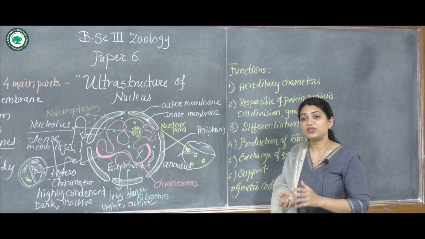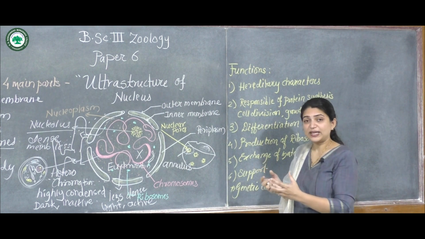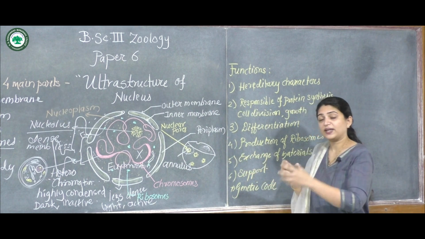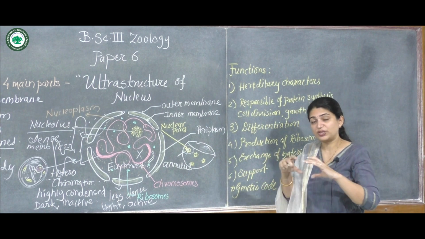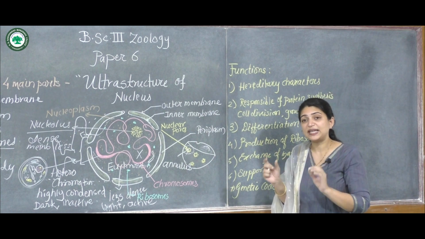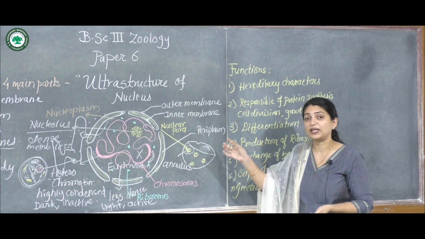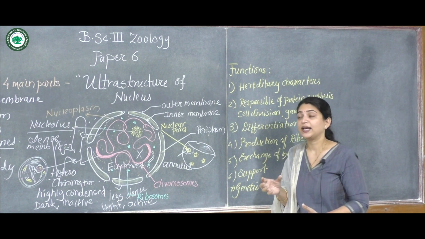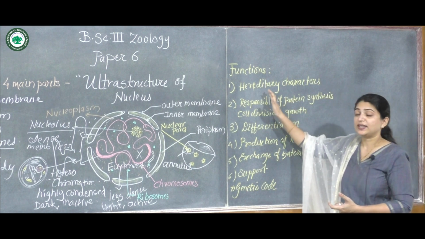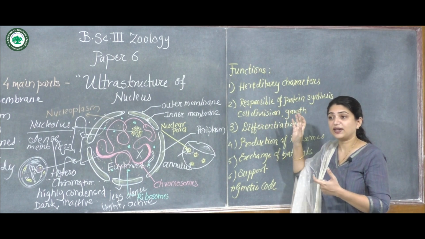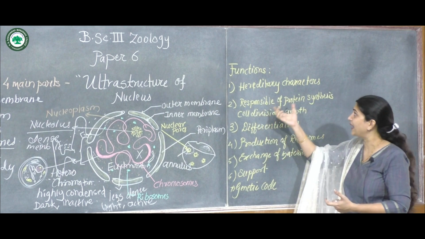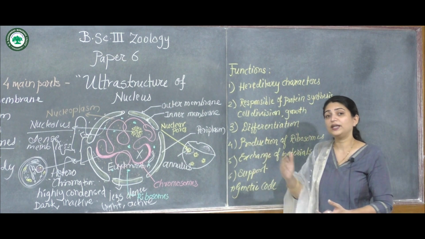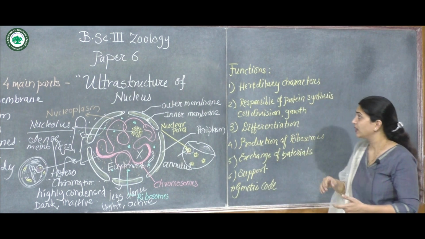At the time of cell division, the nuclear membrane breaks, and the chromosome is divided into two separate cells, and the two separate cells, due to the presence of the nucleus and the chromosome, are given a different identity. Okay, so the nucleus is the center that controls the transfer of hereditary character information from one generation to another.